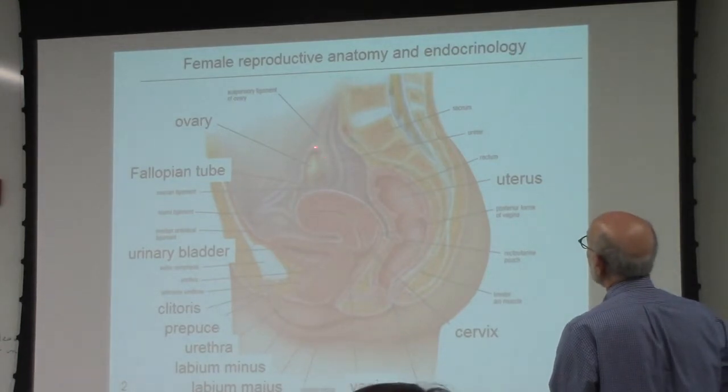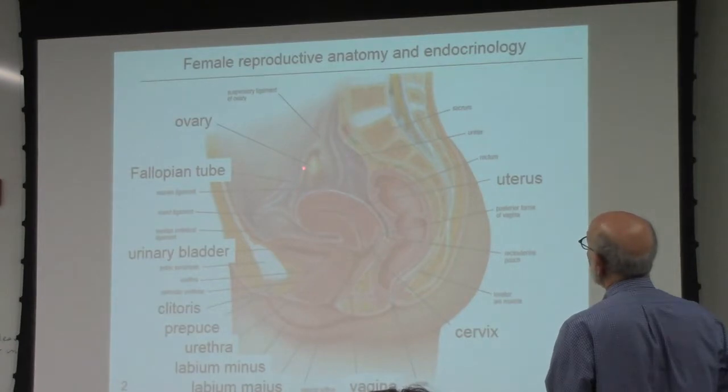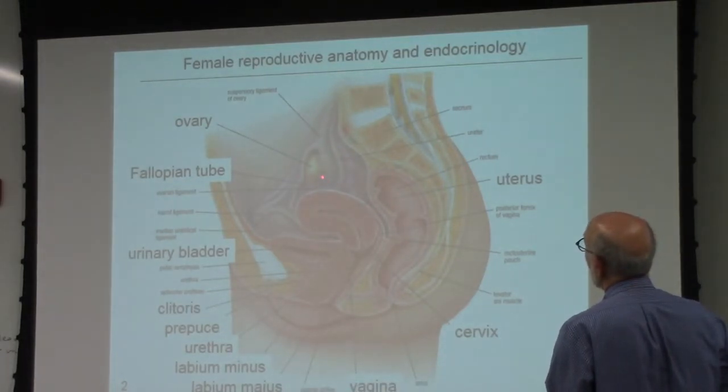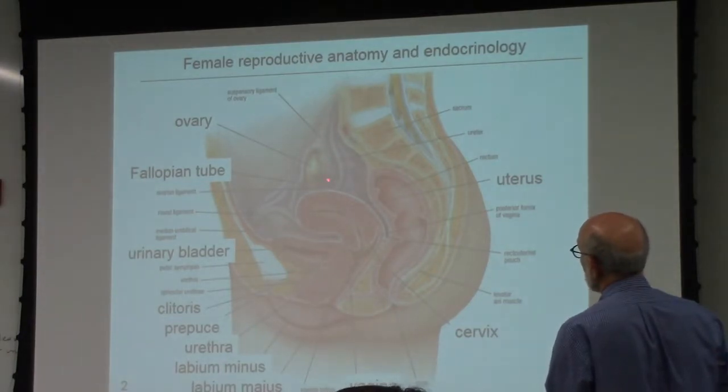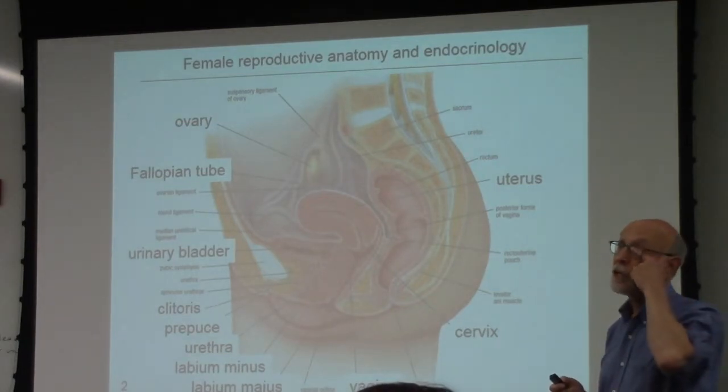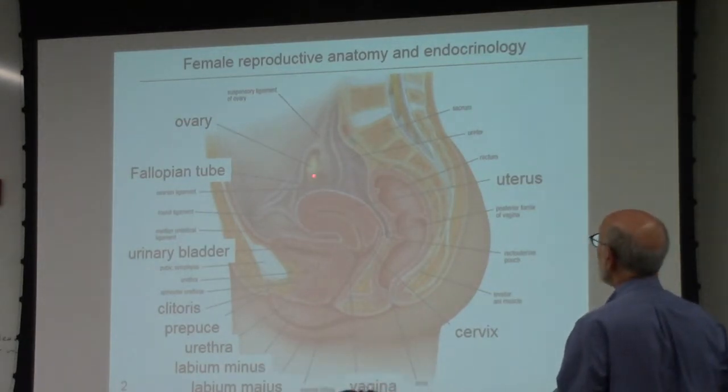Here is the fallopian tube, which is going to bring the mature ova in from the ovary to the uterus. There are structures here, ligaments and special structures here at the beginning of the fallopian tube, which I'll talk about in a slide in a few seconds.